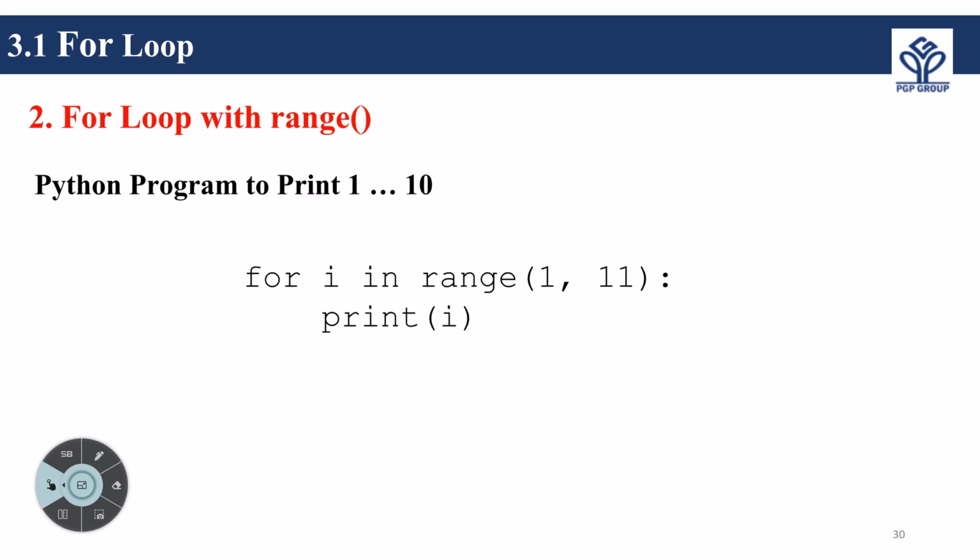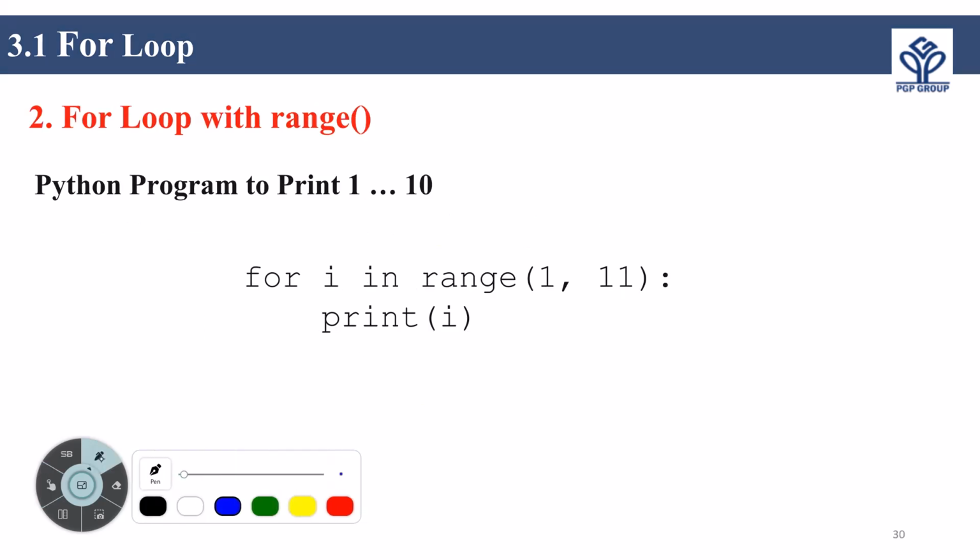This is a simple for loop. Next one is for loop with ranges. We are using range: for i in range of 1, this is the starting value, and this is the ending value.